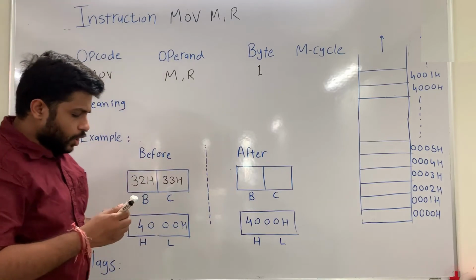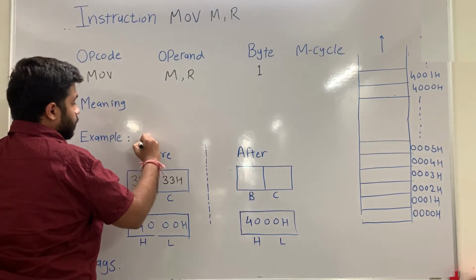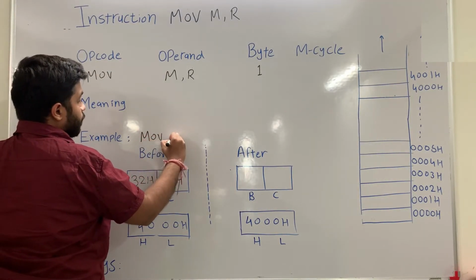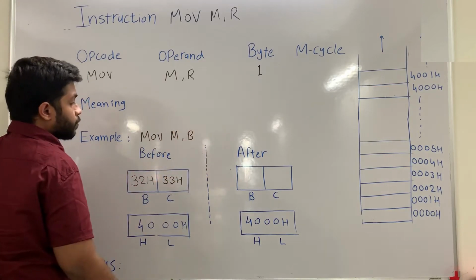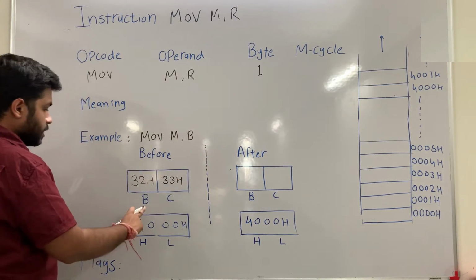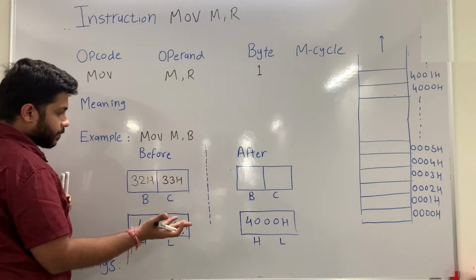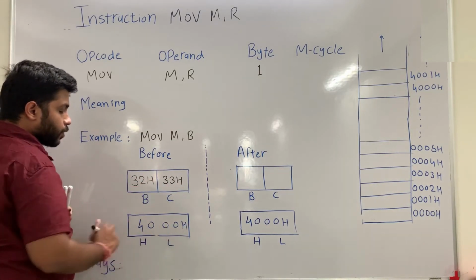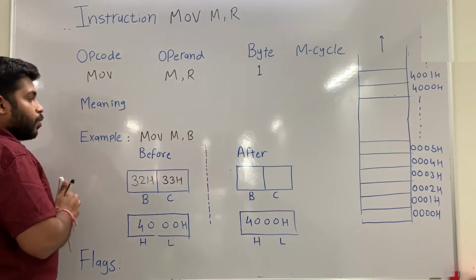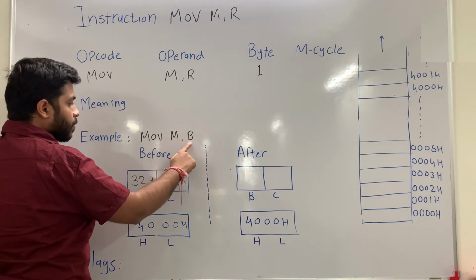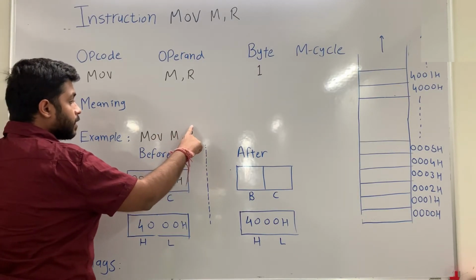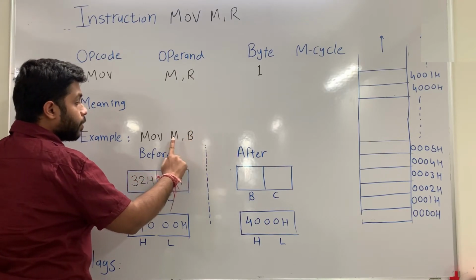Let's see one example so that you can get a clear idea. The instruction is MOV M, B. Before the execution, you can see B and C contain some data, and the HL pair contains 4000 H. Now when you execute MOV M, B, the data will be moved from register B to memory.